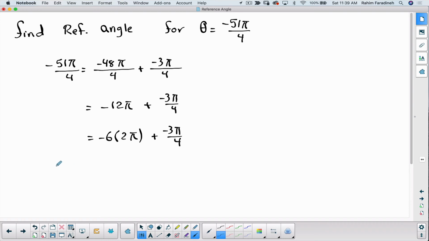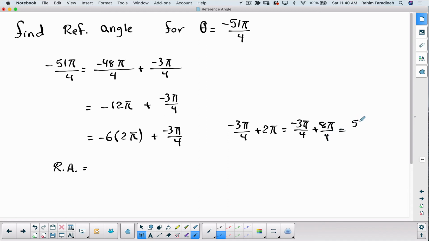So our reference angle will be, so we are in the third quadrant. First, I'm going to take negative 3 pi over 4 and add 2 pi to it, to make it positive. So instead of 2 pi, I'm going to put 8 pi over 4.